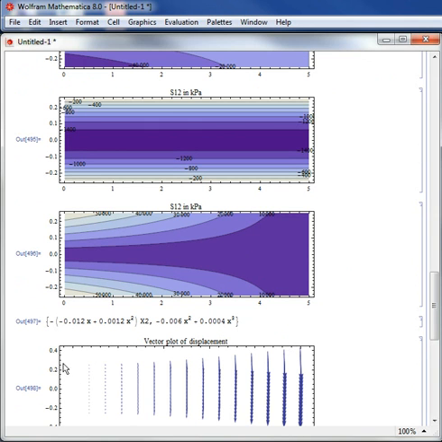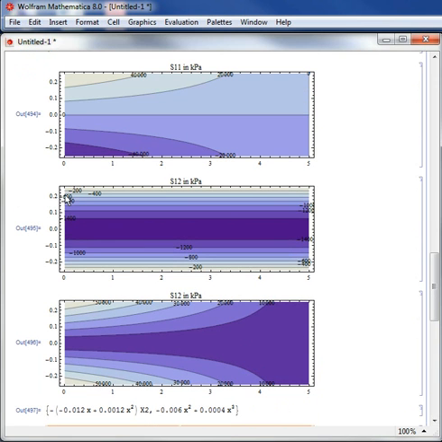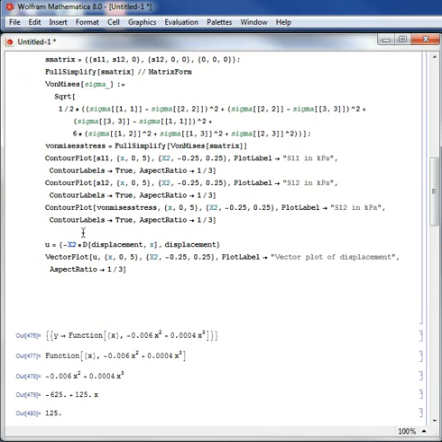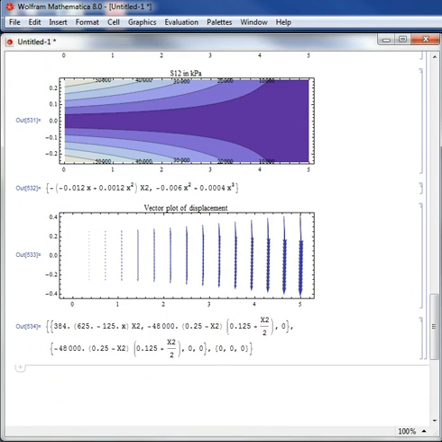Now what we're asking for is the principal stresses and the principal stress directions when x1 is equal to 0. So I'm going to evaluate. Now I've stored the stresses in my S matrix. Shift enter. Here's my matrix of stresses. I would like to find the eigenvalues and eigenvectors at specific locations.